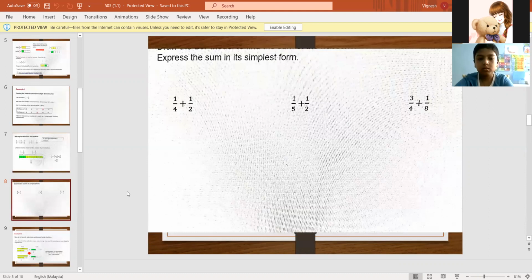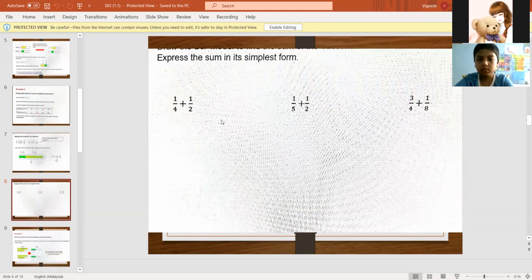Okay, who wants to try this for me? Express the sum in its simplest form. Even though sometimes the question doesn't mention the simplest form, you should know how to simplify your fraction. Okay, very good. Okay, who can tell the teacher? Teacher. 1 over 4.